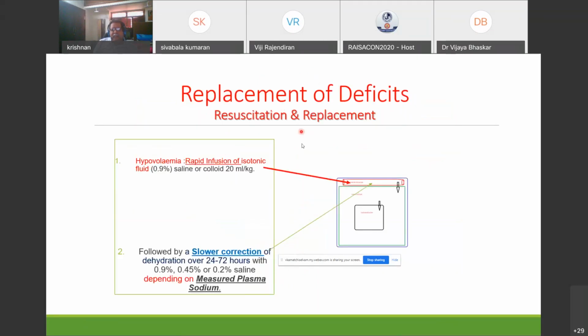So replacement means first you resuscitate. Normally in pediatrics, we resuscitate when there is hypotension with rapid infusion of saline 20 ml per kg, to be given within 10 minutes. In pediatrics, we can give this bolus 3 times. If you give more than 3 times, the baby will go for hemodilution.